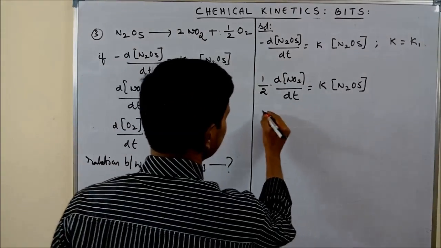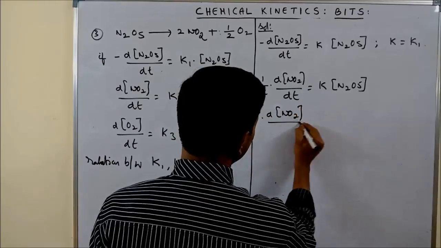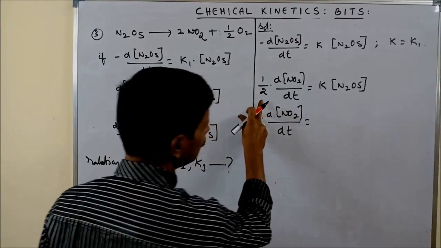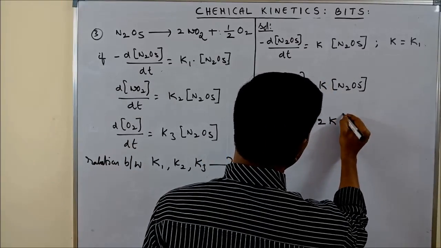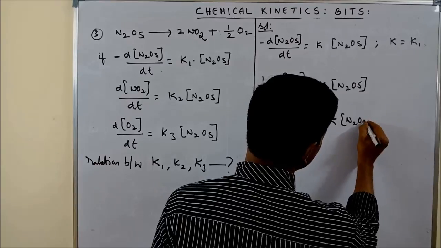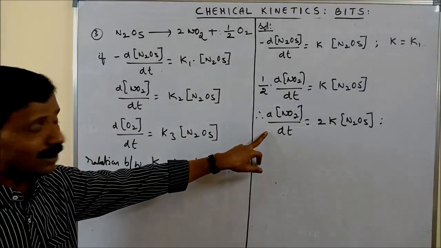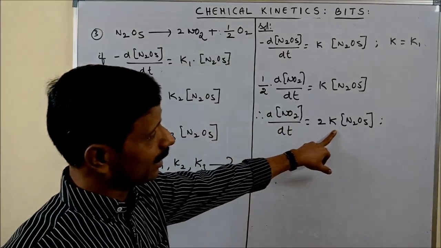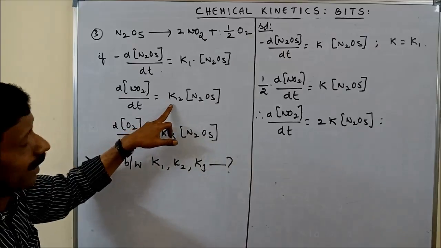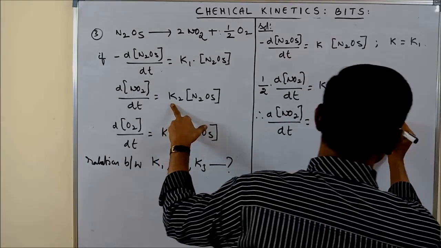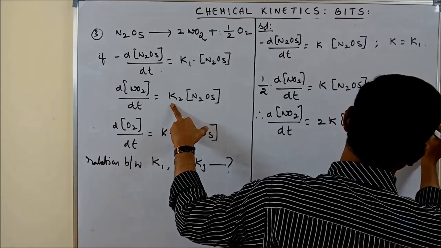So as per this, d[NO2] by dt equal to, cross multiplying, 2K into [N2O5]. Now here, in place of that 2K, we have K2. So according to this, 2K equal to K2.